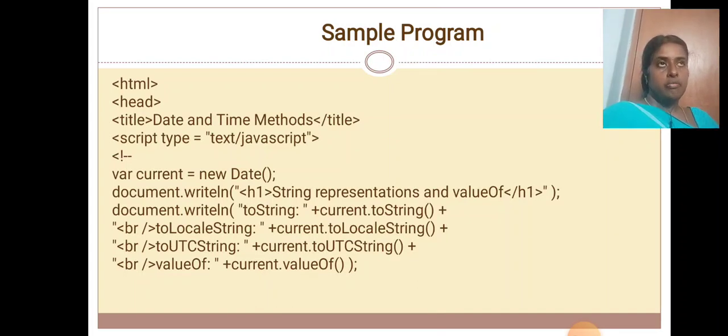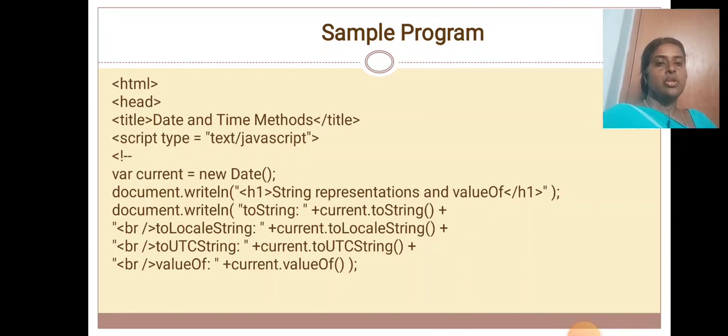We can access all these date functions and methods with the help of the Date object only, so you first have to declare and create a variable for your date object. So you have created a Date object here.